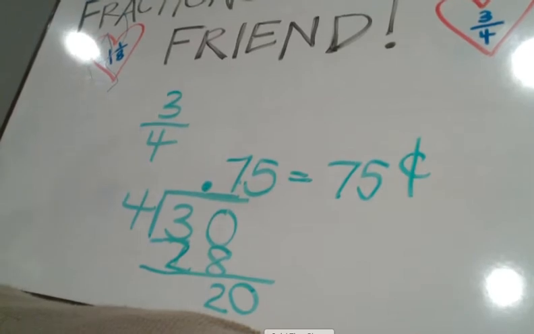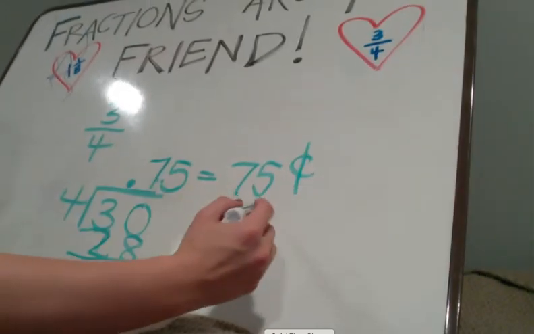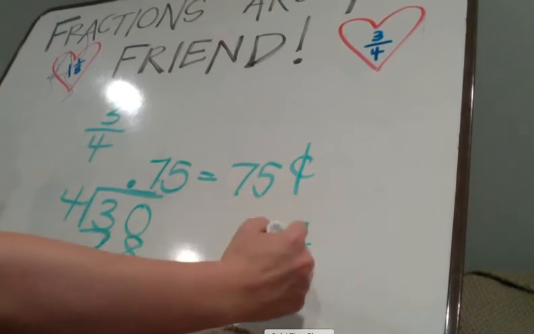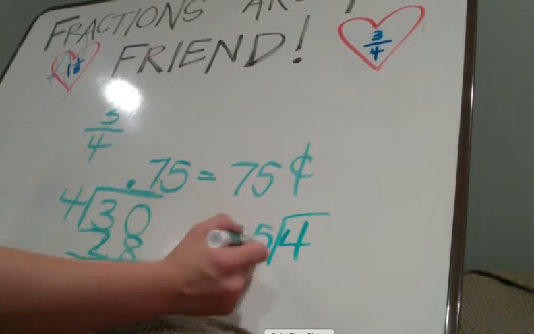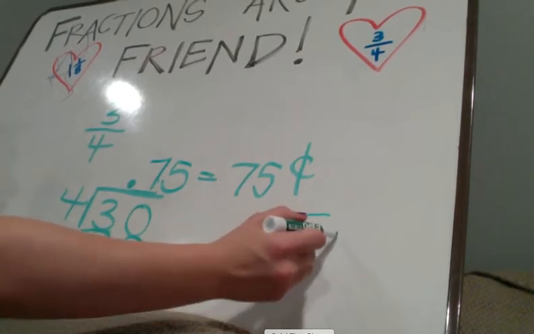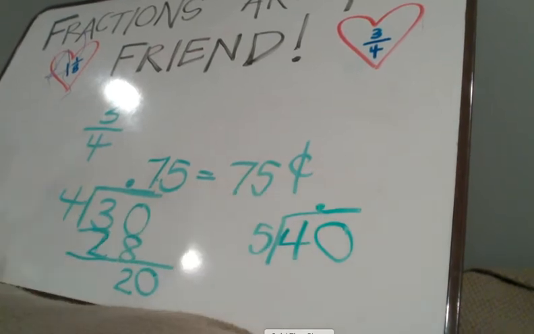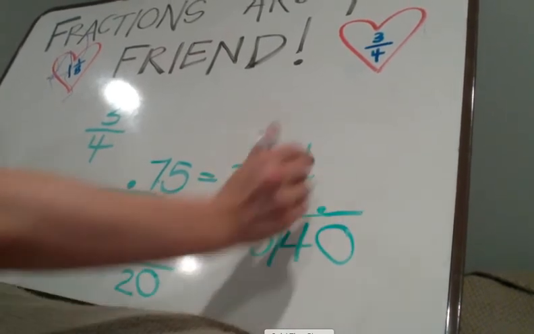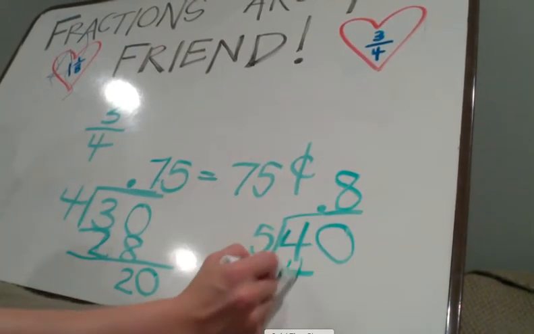The other fraction that we were comparing was 4/5. 4/5 is the same as 4 divided by 5. 5 does not go into 4, so we add a 0 and a decimal point. 5 goes into 40 exactly 8 times. 8 times 5 is 40.